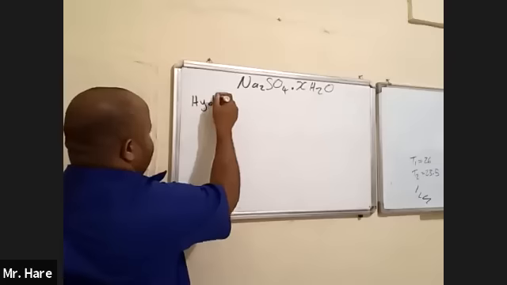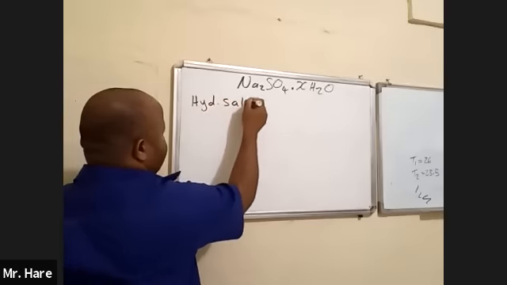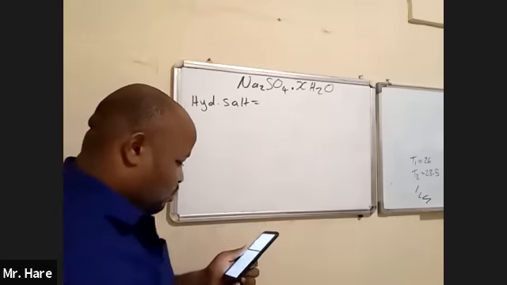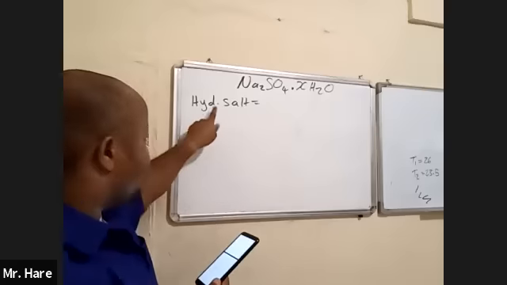Anhydrous salt. Right. So the hydrated salt, what would be its structure? Sir, it would be the mass of the crucible after heating minus the mass of the crucible and washing soda. No, for the hydrated one.